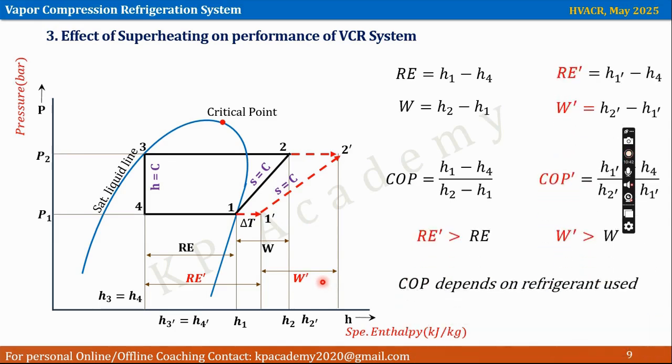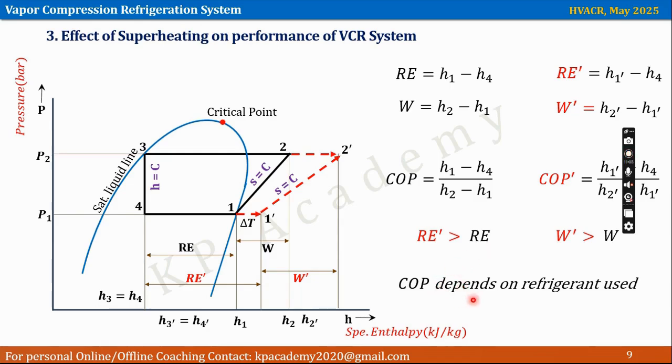Okay, so in this case what is happening? The refrigerating effect increases, and along with that the work of compression also increases, right? In the COP formula, the numerator is increasing and the denominator is also increasing. So we cannot say whether COP increases or decreases unless we know what type of refrigerant is used in the system.